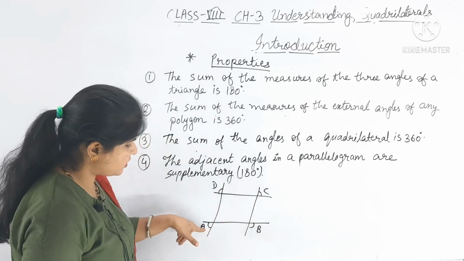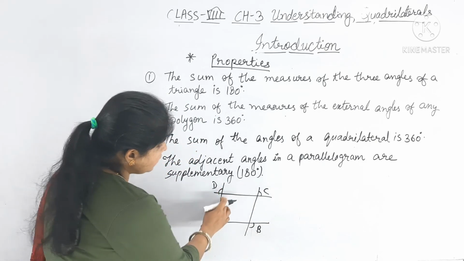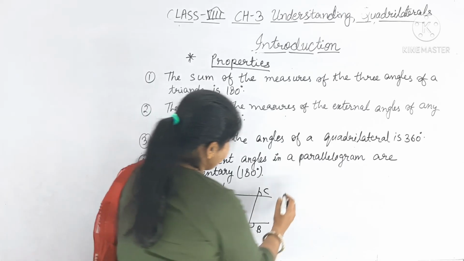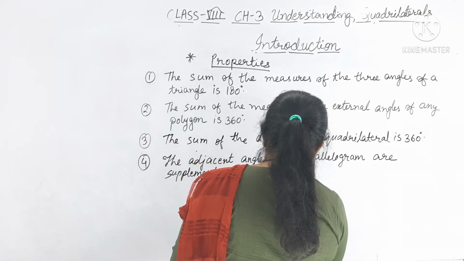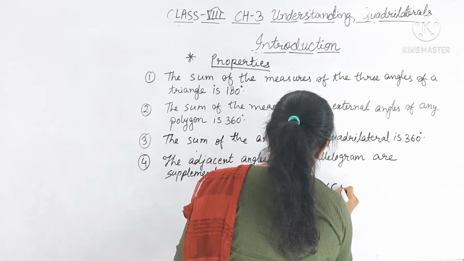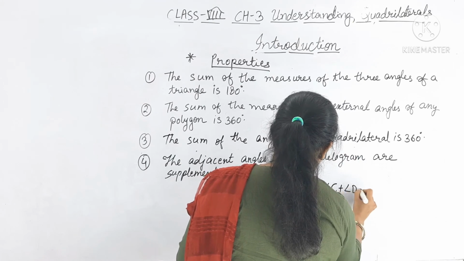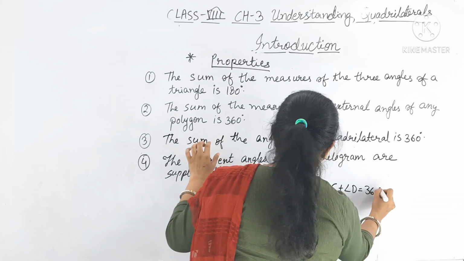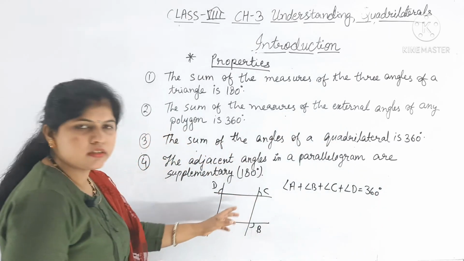This is the exterior angle. Okay, these are the interior angles. Okay, and these are the exterior angles. So angle A plus angle B plus angle C plus angle D is equal to 360 degree. So their sum will be 360 degree.